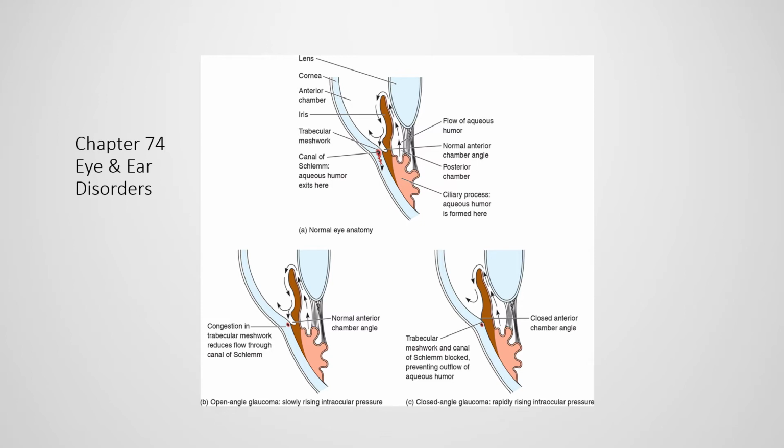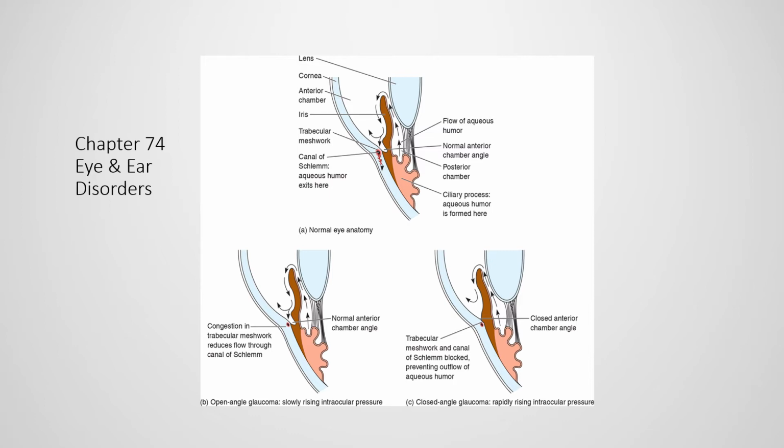Okay? And when you get damage to your optic nerve, you lose your vision. So you often lose your vision, your visual fields. That's why people with open angle glaucoma will take drops for the rest of their life to either reduce the aqueous humor production or to help with the trabecular meshwork flow.